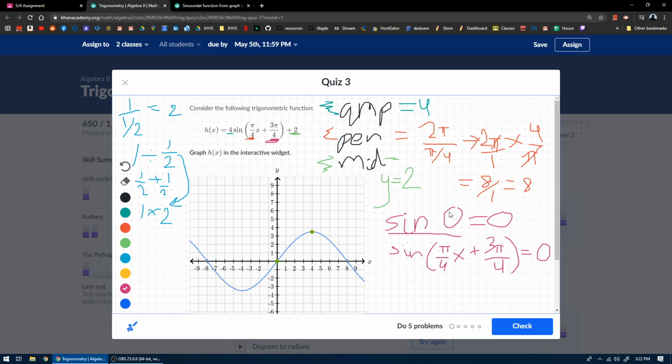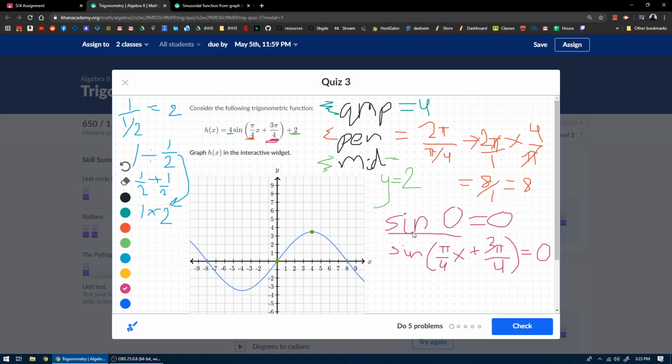Okay, so I know that sine of 0 is equal to 0. So what I'm looking for is this shift changes where I start my graph. I will shift the whole graph to the left or to the right. That's what this number does. The question is, how much?